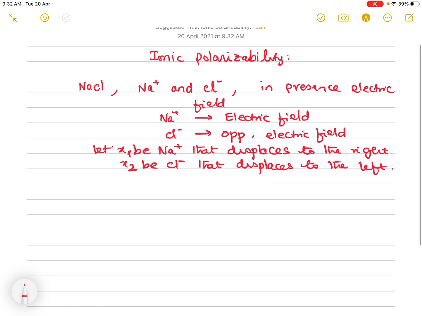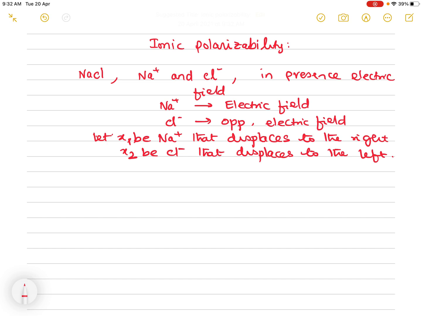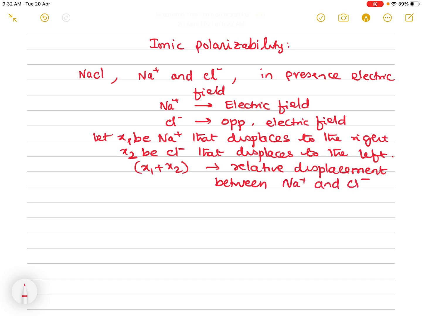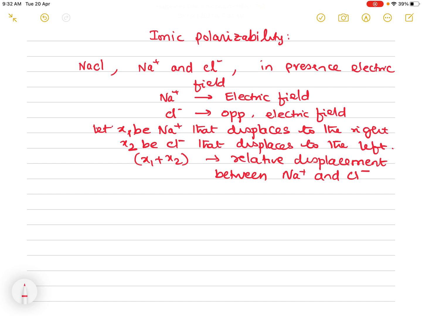So the relative displacement is x1 plus x2, which is the relative displacement between the sodium plus and chloride minus ions. Now the induced dipole moment in sodium chloride is charge times x1 plus x2.